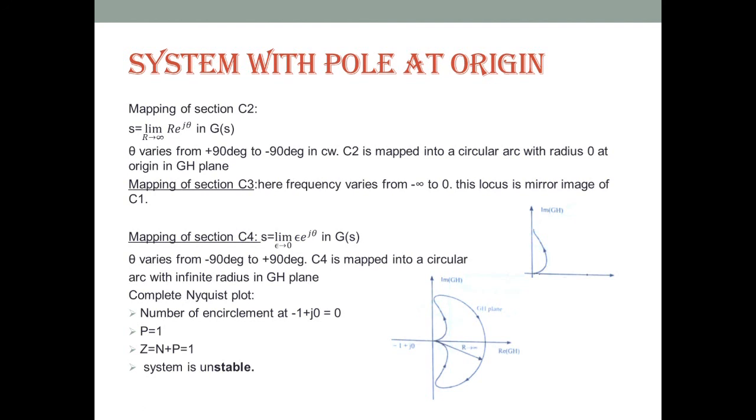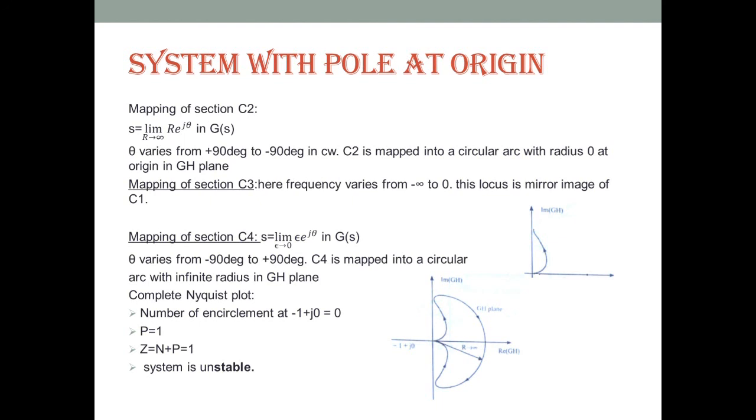But here there is one open-loop pole located in the right-hand side of the s-plane, so P equals 1, and Z is equal to N plus P, which becomes 1, that means not equal to 0. So the system is unstable.